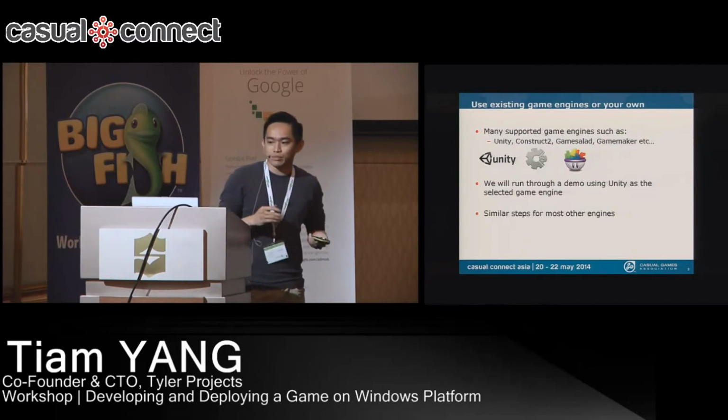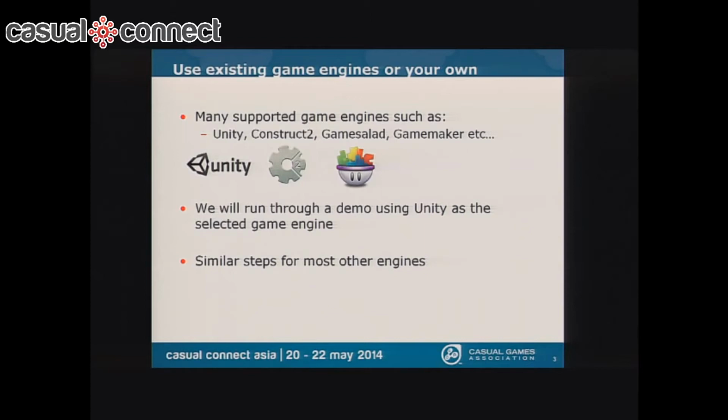Like most platforms, the Windows platform allows you to create games using a couple of other game engines as well. Like Unity, Construct 2, GameSalad, GameMaker, all these are other game engines that you can use as well.